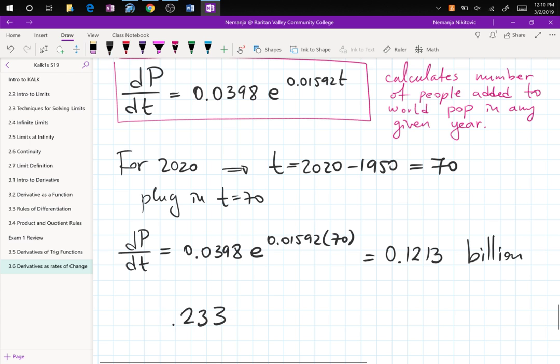So that was what I used the last time, and that difference is about 0.123. Yeah, it sounds right. So about 120 million people added.